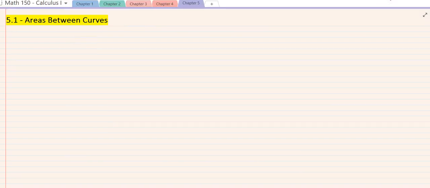So again, the idea here is to do the following. In general, let's say I have a couple of functions here. Let's call these f of x and g of x. Let me do a general drawing here. Let me use different colors.